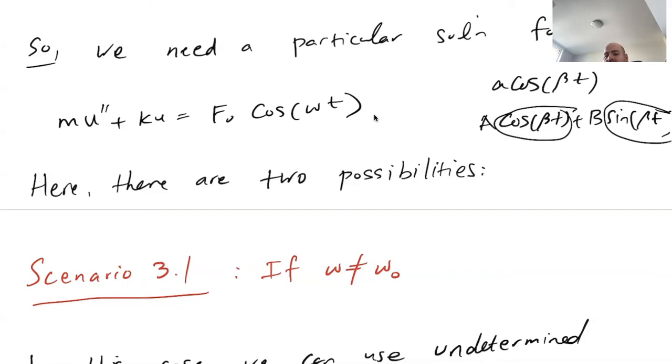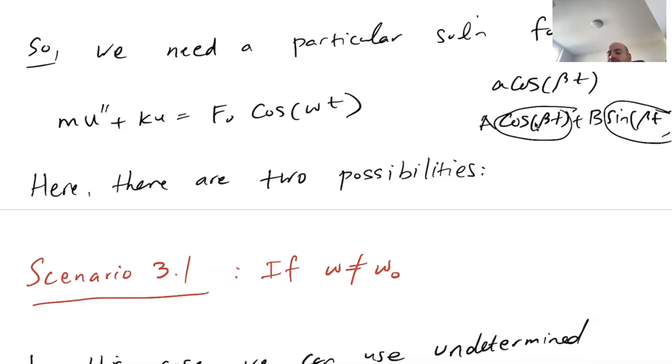So in that case, we have to multiply our guess function with the proper power of t, which could be power 1, or even, in the case where t times cos beta t is still a solution for the homogeneous equation, we have to multiply with t to power 2.